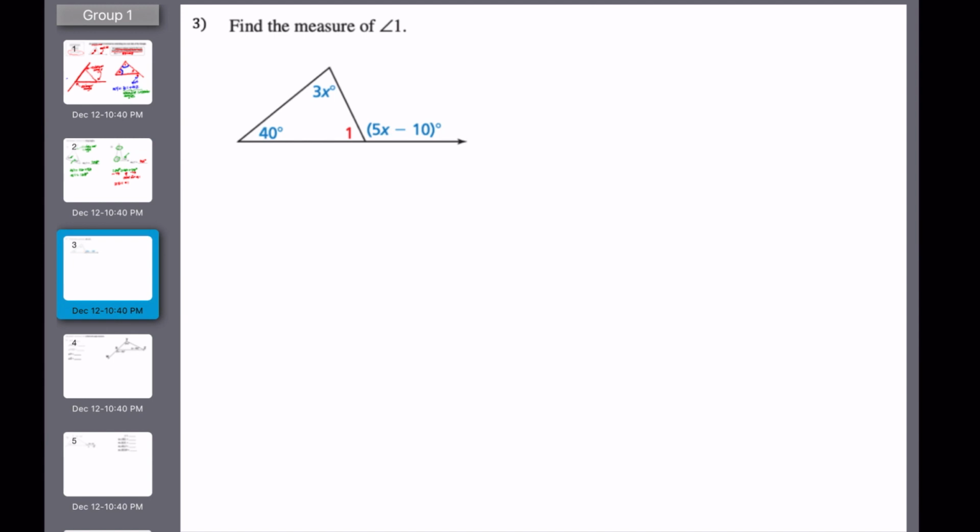So example 3 now is an algebraic example, but we would set this up very much the same way. So here it's asking for us to solve for the measure of angle 1. We see angle 1 in red, but before we can do that, we need the measurements of the triangle. So to get the measurements, we need to take our exterior angle and set it equal to the sum of the two remote interior angles, or the two non-adjacent interior angles.